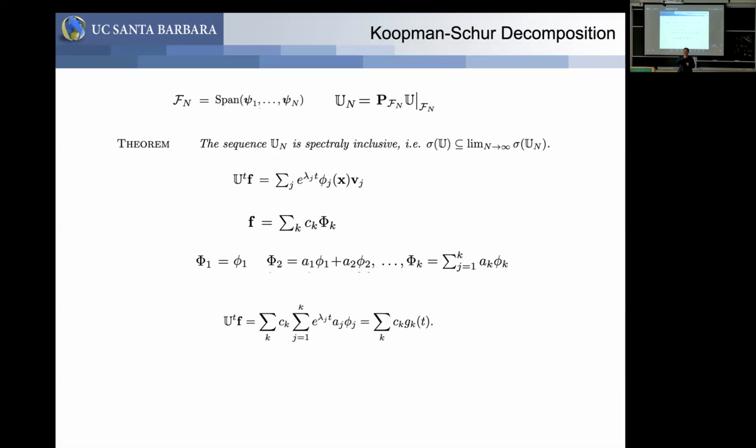Get a third eigenfunction, might not be normal to the first two, find a normal vector, and so on. So your Schur vectors are going to be some finite sums of eigenfunctions, and then you can produce an expansion where the c_k are what we call the Koopman-Schur modes. And this here is an exponential evolution, but not with a single exponent.